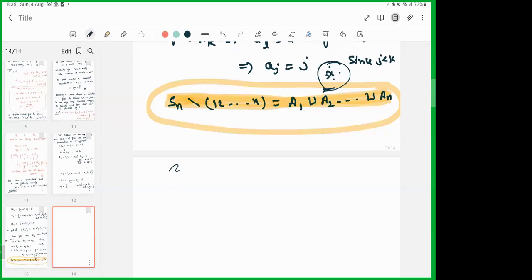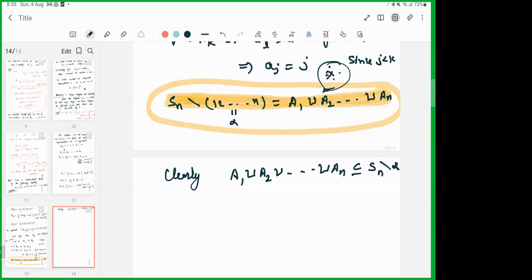Okay, let me write. Clearly, A1 disjoint union A2 disjoint union up to An is contained in Sn minus alpha. Let me denote this permutation as alpha. Is this side clear or not?